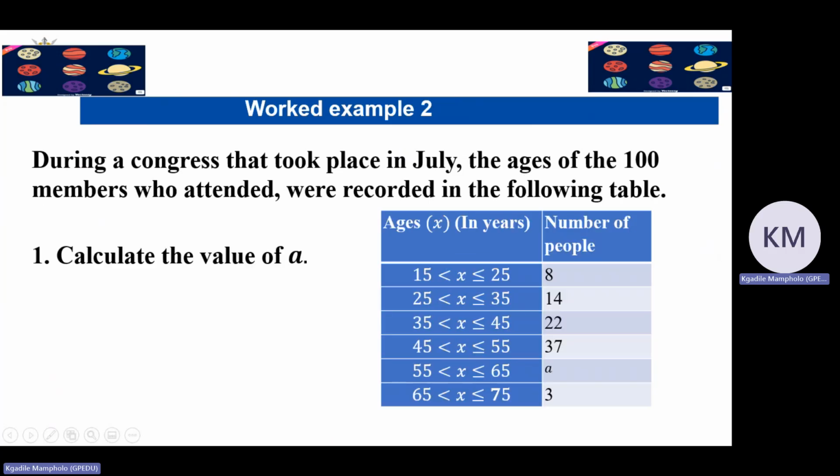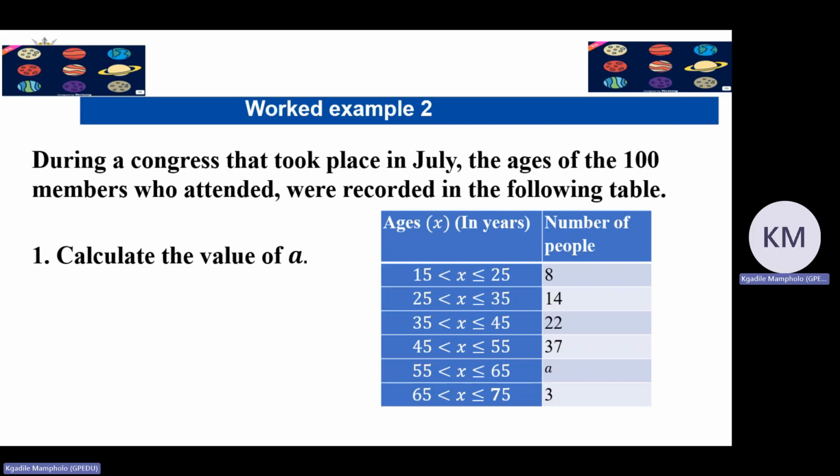Now, let me tell you, if you are given a frequency table where we have unknown values, they cannot say calculate unknown values without giving you something in the statement which will help you to get the unknown value. Like in this case, you are given that there are 100, but we don't know the age range between 55 and 65.